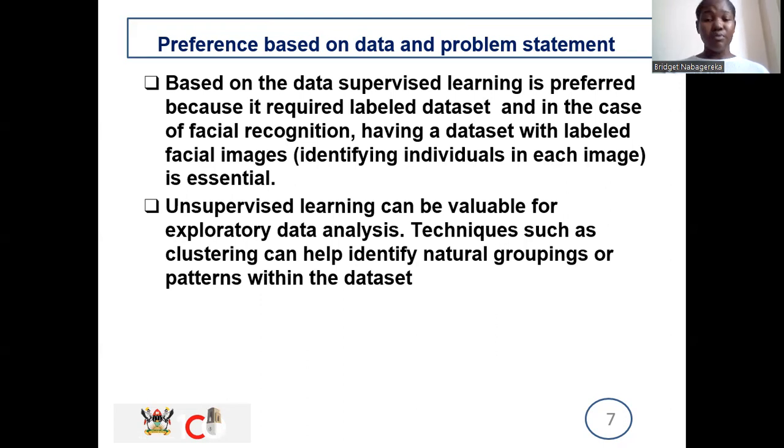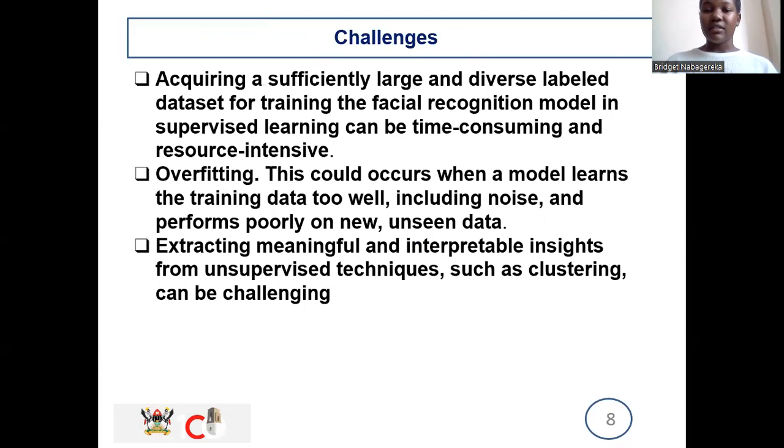Unsupervised learning is also going to be preferred because it is valuable for exploratory data analysis. Techniques such as k-means clustering can help identify natural groupings or patterns within the dataset.